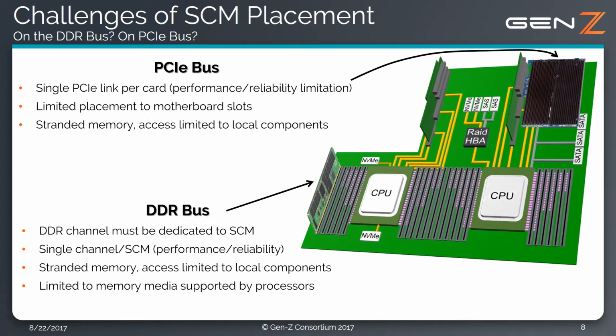So storage class memory is not a great fit for DDR memory channels, as placing them there is a somewhat unnatural act. Storage class memory on DDR channels also suffers from the same reliability problems that PCI does, but with even more limited placement restrictions of DDR DIMM slots. Finally, storage class memory on the DDR channels is also stranded and can only be accessed by the local processor and cannot be shared by other servers in a byte-addressable load store manner.